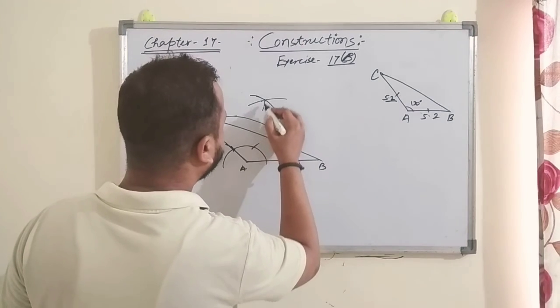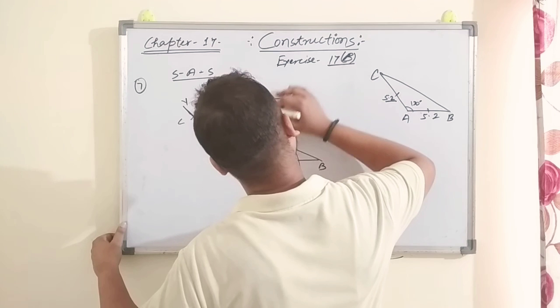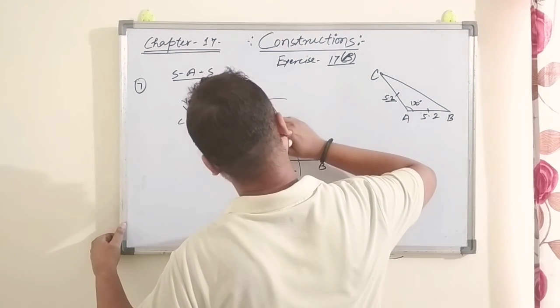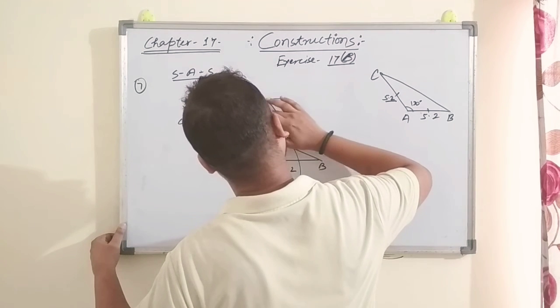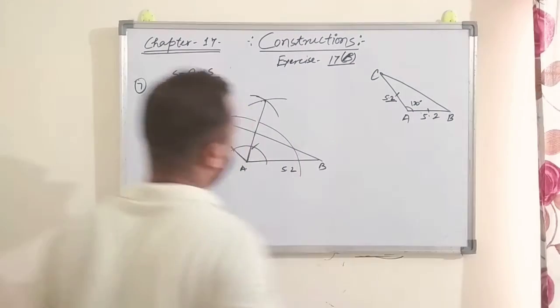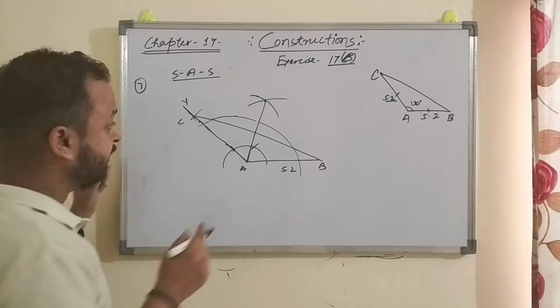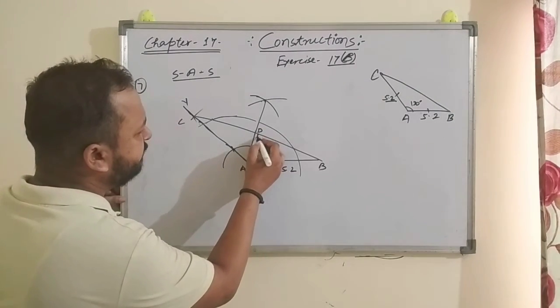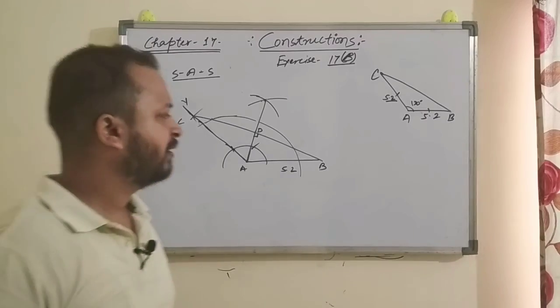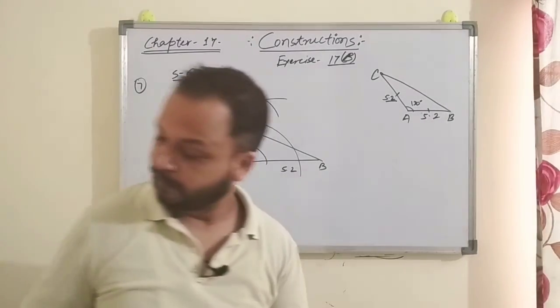Just join them. Suppose this line is AD, which is perpendicular to BC. This way you are going to construct it.